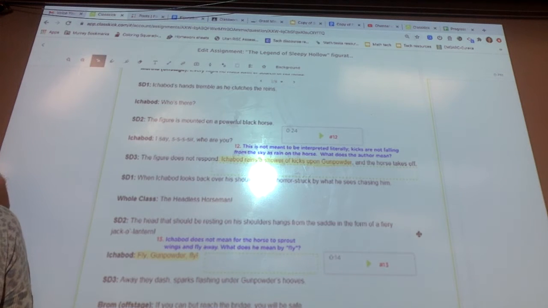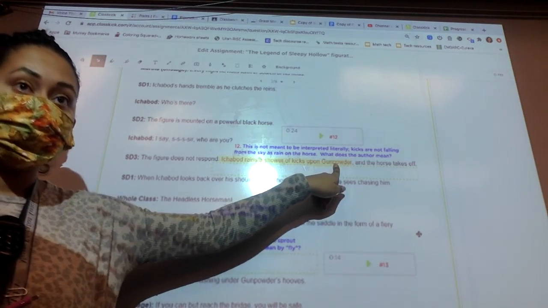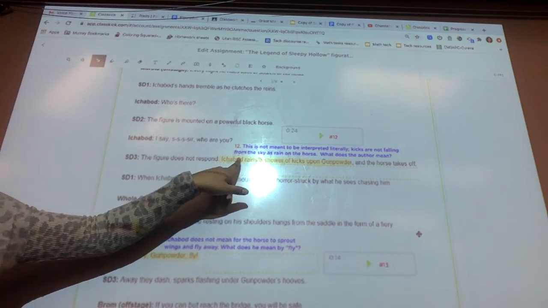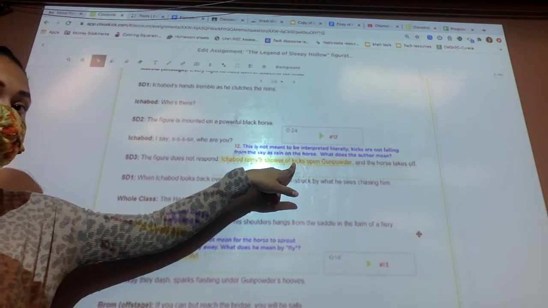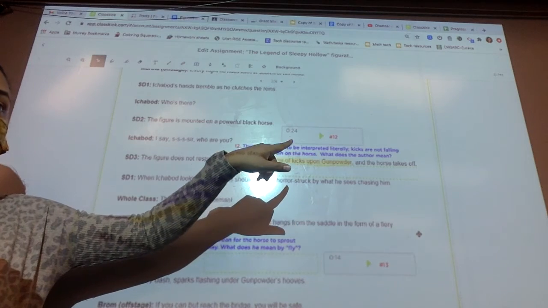What do you think? I think he's getting kicked a lot. Because remember, Gunpowder is the horse. It's his horse. So Ichabod rains a shower of kicks upon Gunpowder. He's kicking faster. He's abusing his horse.